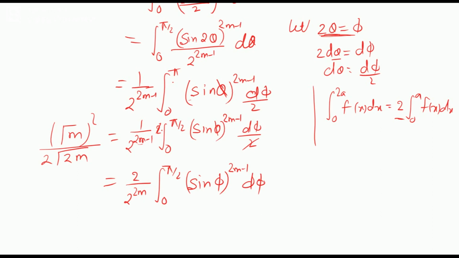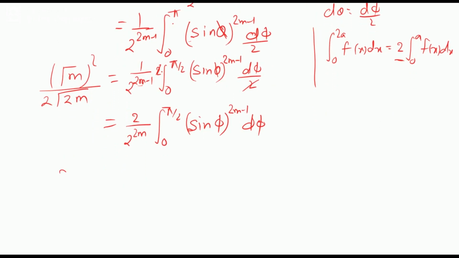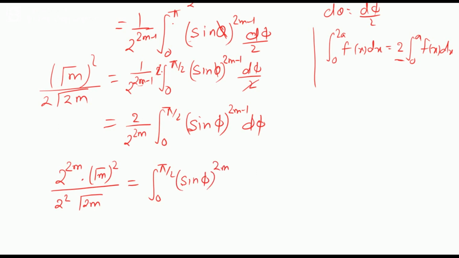Now you just take that 2 upon 2 raised to power 2m to the left hand side. So we can write 2 raised to power 2m gamma m whole square upon 2 square gamma 2m is equal to the integral from 0 to pi by 2 of sine phi raised to 2m minus 1 d phi. Now we say that's equation 3.